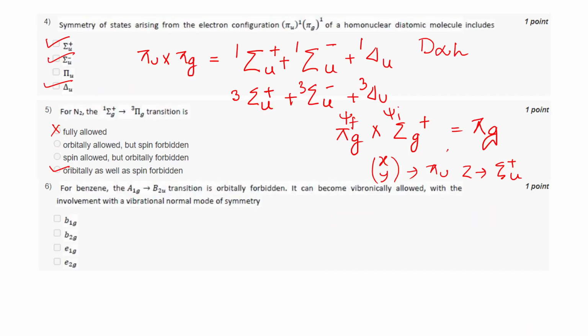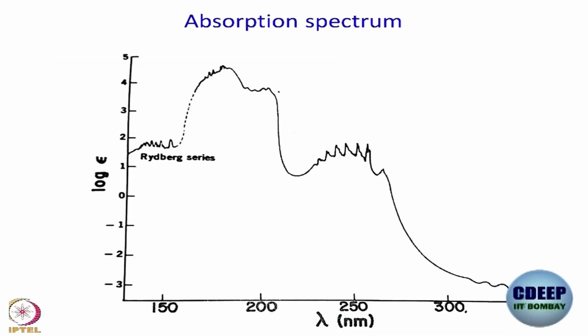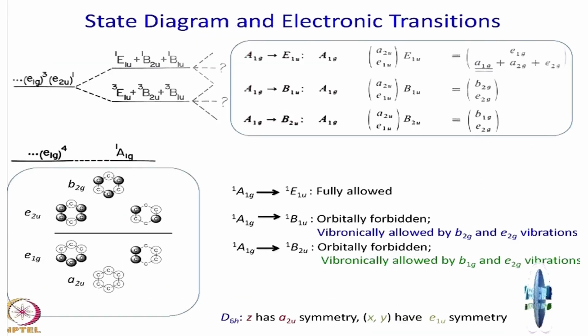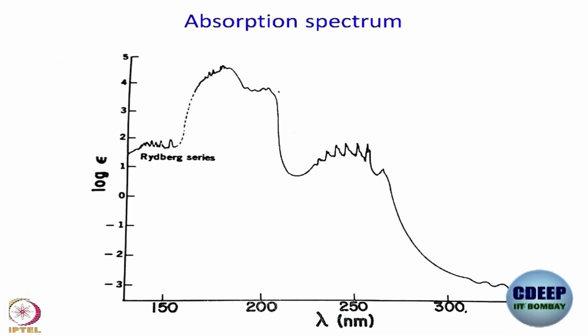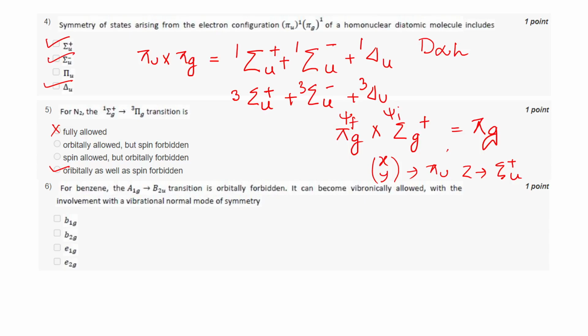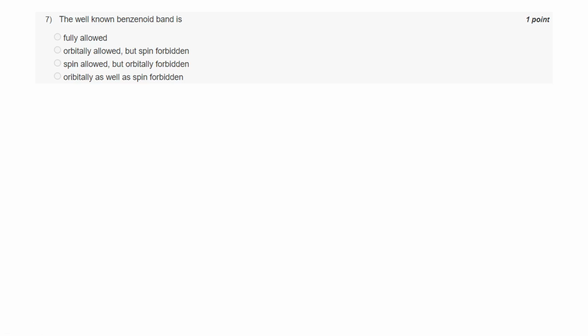To B2u. B2u is B1g and E2g. But unfortunately, only E2g is present, right? B1g is not present as any normal modes of vibration, but that is what it is.